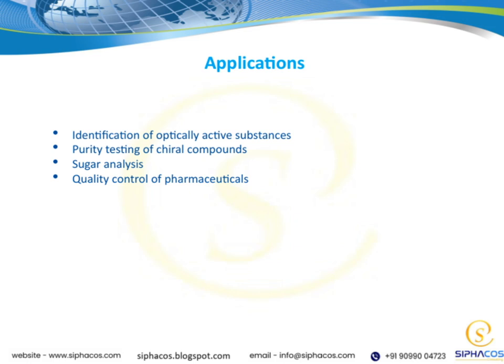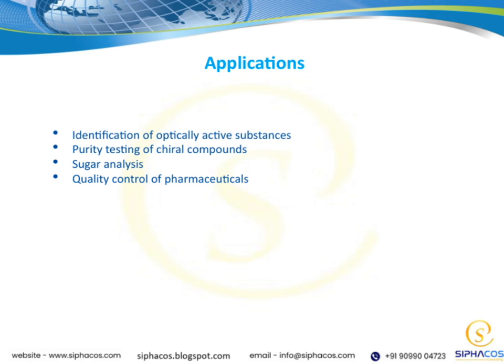Sugar analysis is another key application, particularly in the food industry and biochemistry. Determining the optical activity of sugars helps us understand their purity and structural properties, which can influence flavor, stability, and nutritional value. Finally, optical activity plays a significant role in quality control of pharmaceuticals.